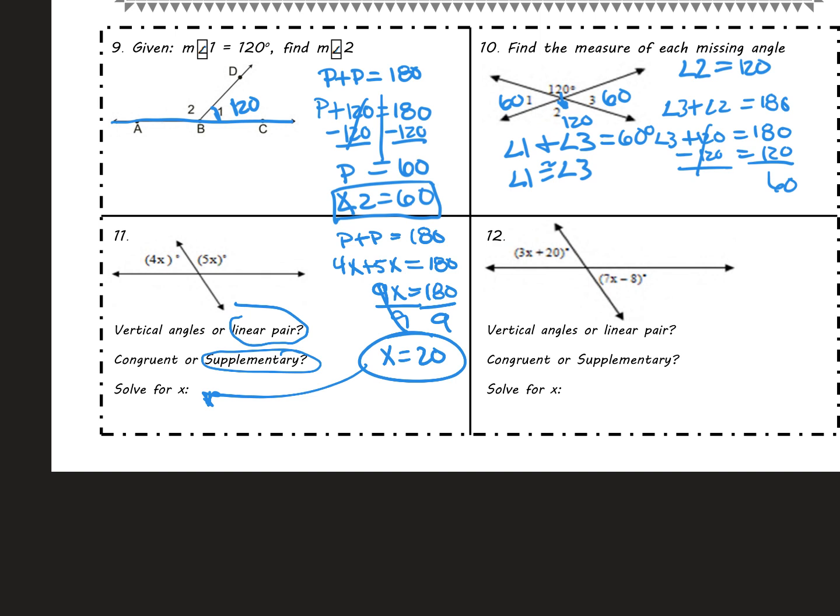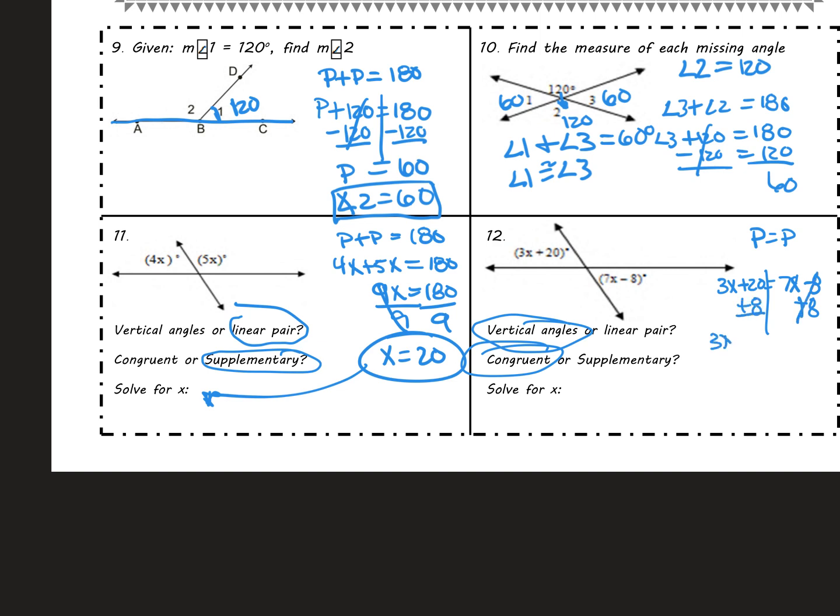All right. Looking at question 12, we are looking at vertical angles. And vertical angles we know are congruent. And so that is our part equals part. And so I'm left with 3x plus 20 equals 7x minus 8. And so then I'm going to add 8.